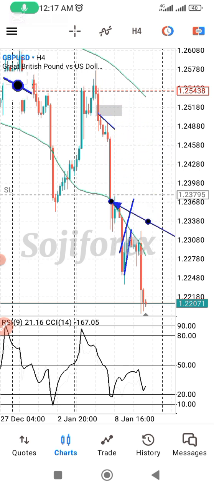And you can see how far this trade has gone in my favor. So I'll be sharing with you exactly how I do my analysis and how I was able to find this entry that has made me this whole lot of profit, and how I am able to stay in this market.